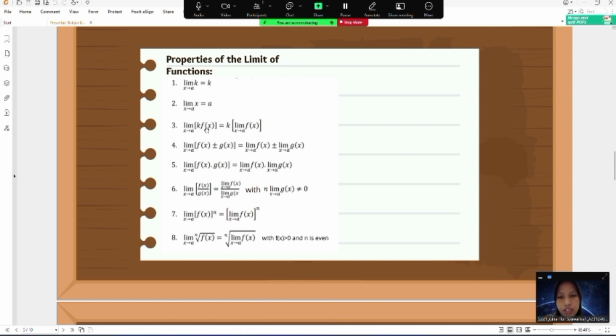Okay, next, limit x approaches a for k times f(x) equal k times limit x approaches a for f(x). So if we have this property, whereas we have a constant in the function, we just need to move the constant to the front so that only the variable remains.